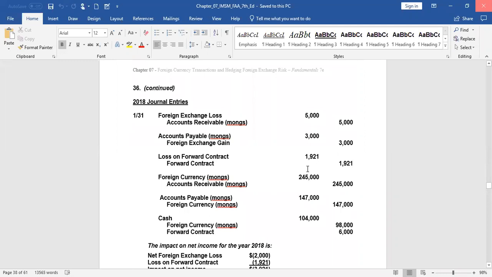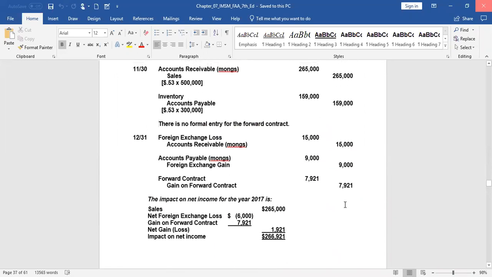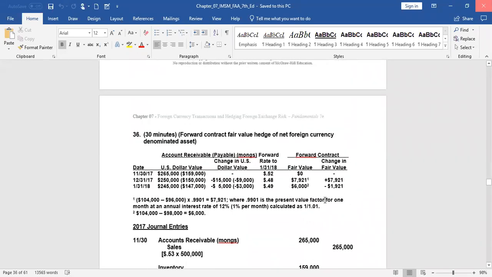Now, the next thing we do is determine the fair value of the contract, the forward contract. If we bought this contract, or I shouldn't say we signed this contract on January 31st, we would have had a conversion rate of 0.49, but we didn't.